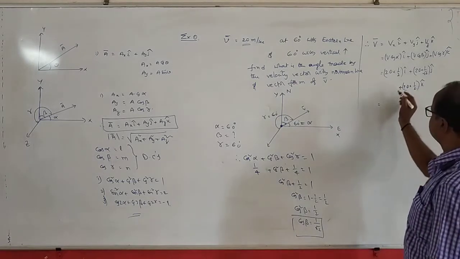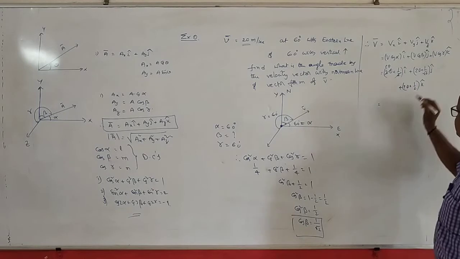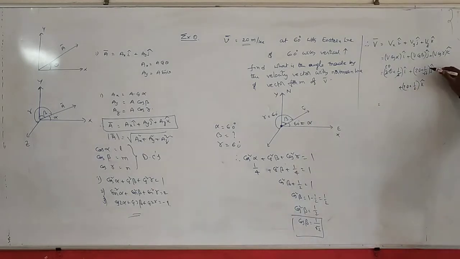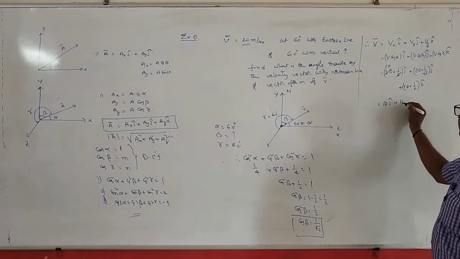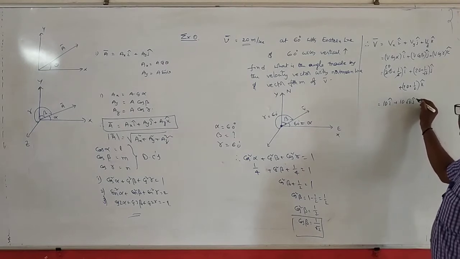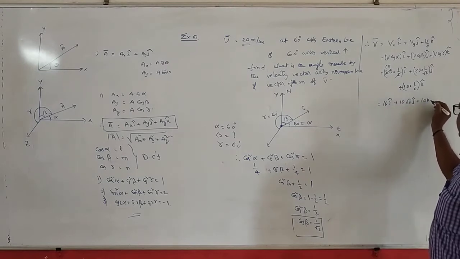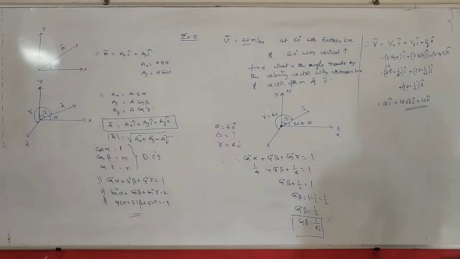So 20 by root 2, rationalize: multiply and divide by root 2, gives 20 root 2 by 2, which is 10 root 2. And 20 by 2 is 10. So it is 10 i cap plus 10 root 2 j cap plus 10 k cap. This is the vector form of the velocity vector of the ball.